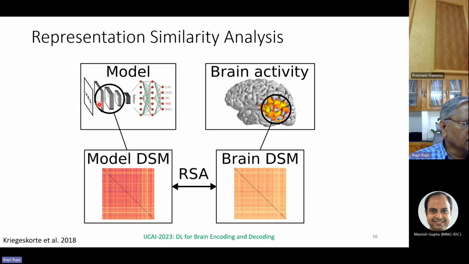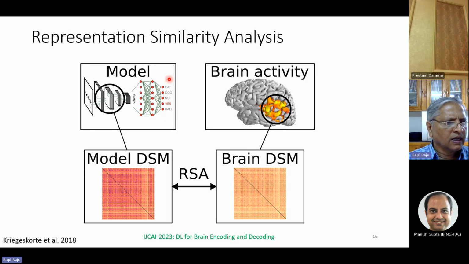What are the representations learned in the hidden layer corresponding to each of these? Suppose there are 20 concepts, and what is the pairwise correlation or similarity or dissimilarity across all pairs of these concepts? So here, what you're comparing is the representation that this model learns and how similar the representations are across pairs of concepts.